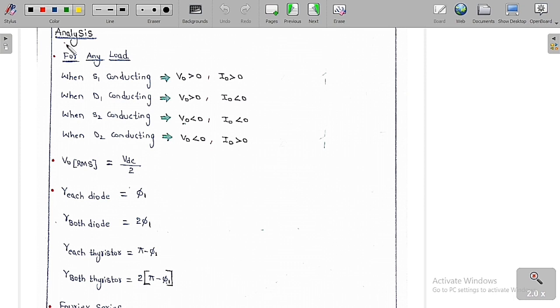Whereas when D1 is conducting, the output voltage is positive and the output current is negative. Similarly, when S2 is conducting, the output voltage is negative and the output current is negative. Whereas when diode D2 is conducting, the output voltage is negative and the output current is positive. So these are the things that we can understand from the circuit diagram.